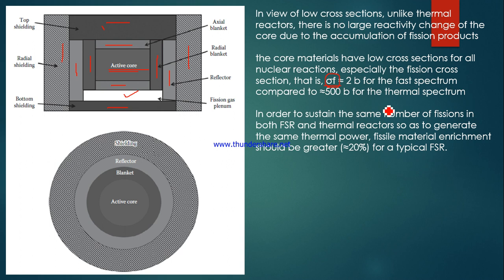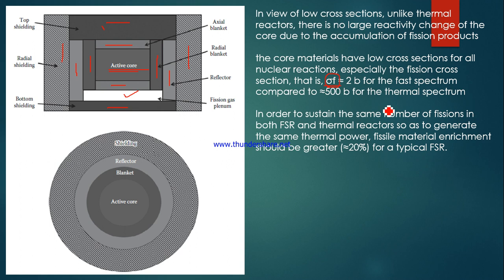If you see my first lecture on nuclear physics and basics of fission, there I have explained. In a fast reactor that is 2 barn, and in a thermal reactor it is 500 barn. So it is around 250 times the macroscopic cross section.